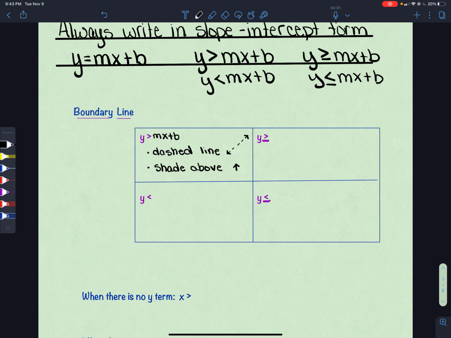All right. When we have y is greater than or equal to mx plus b, or whatever our equation is in slope-intercept form, here we are going to have a solid graph, or a solid line. And because it's still greater than, we will still shade above.